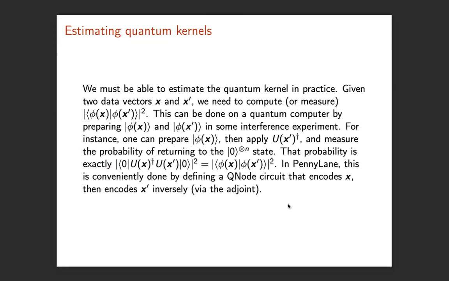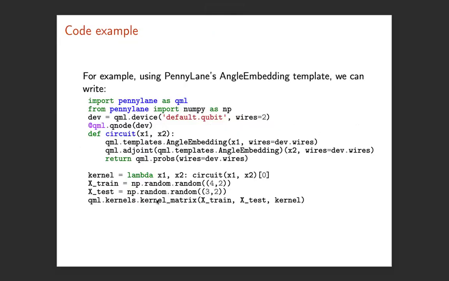So when we are now going to estimate these quantum kernels using a software like PennyLane, we would then use a feature which is called a QNode circuit that encodes X, and then it encodes X prime as well via the adjoint. So a typical PennyLane recipe, you would first have the angle embedding template.